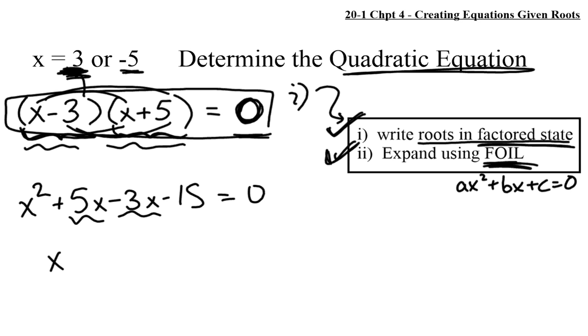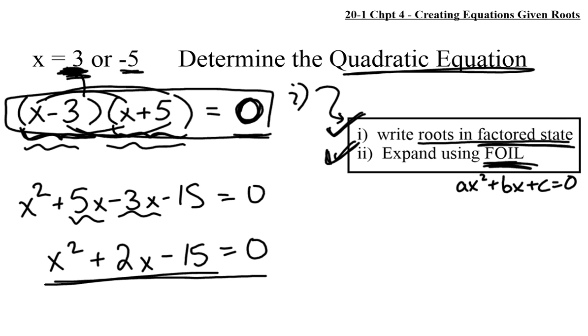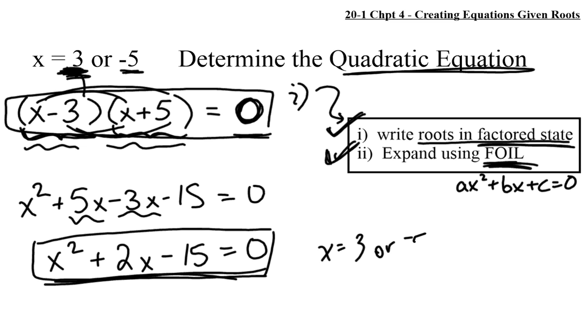Combine our two like terms. X squared plus 2x minus 15 equals 0. There's the quadratic equation that has x equal to 3 or -5 as roots.